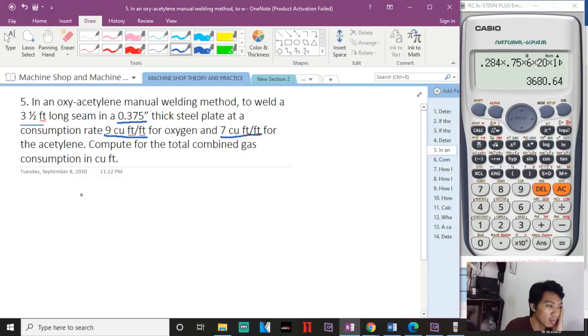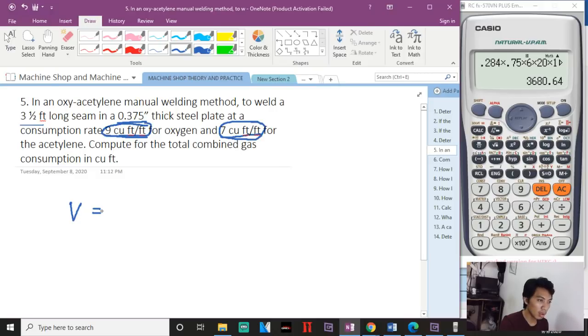Compute the total combined gas consumption. Hirap naman. Per feet. Anong hinahanap dito, pare? Volume. Okay? Volume. Kaya lang, ano ba yung may volume dito? Di ba itong dalawa?